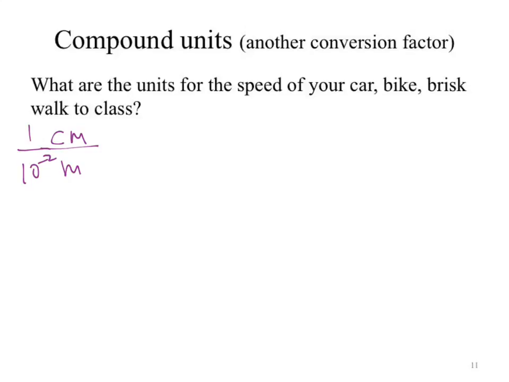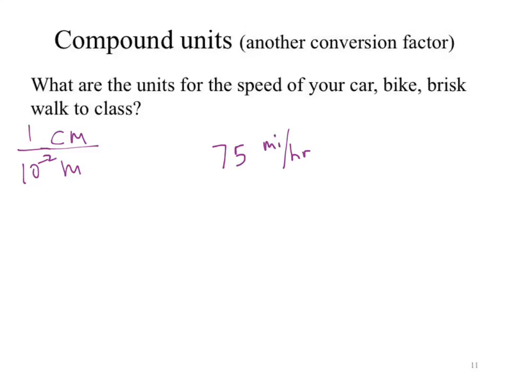What happens with other compound units? Say speed. How fast did you get here in the morning? We could look at miles per hour. Give me your average speed this morning. 75. I guarantee it was not an average speed of 75 miles an hour, but we'll work with it. That's typically how it gets written out, but that format is definitely confusing.